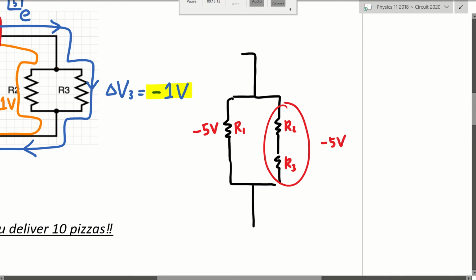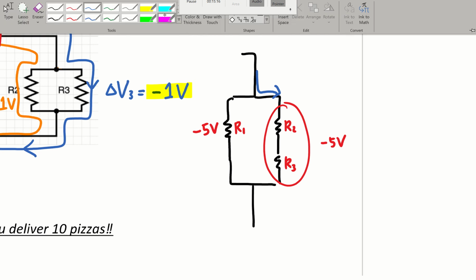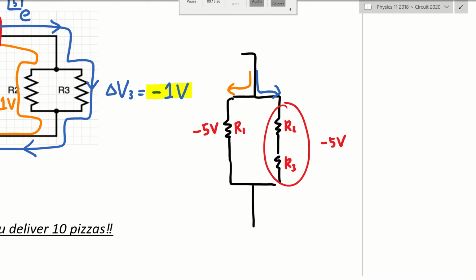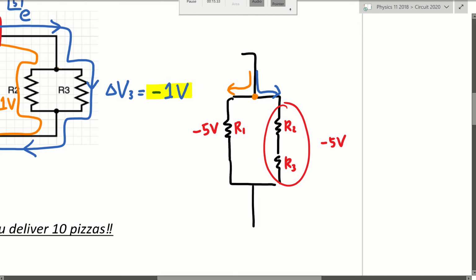Because the electron either goes this way and does its delivery, or it goes this way and does its delivery. But it doesn't matter which way they go, they should end up with the same amount of pizza dropped once they enter that junction point.